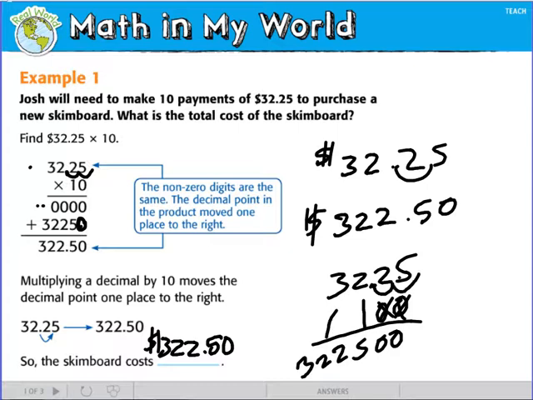Then I would count my decimals, and I would say that there's 2 decimals, count in. So my decimal moved 2 places to the right. Alright? Or I could count my zeros, say it has to move 2 places to the right, and move it. So far so good?